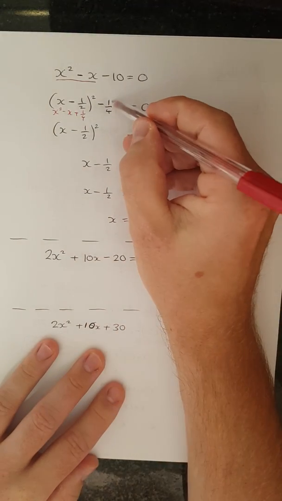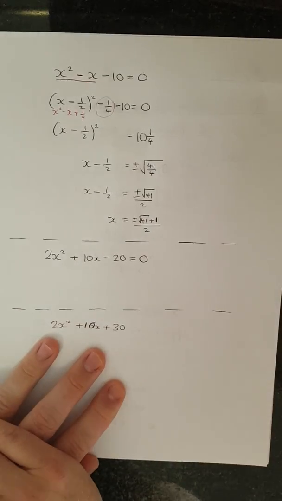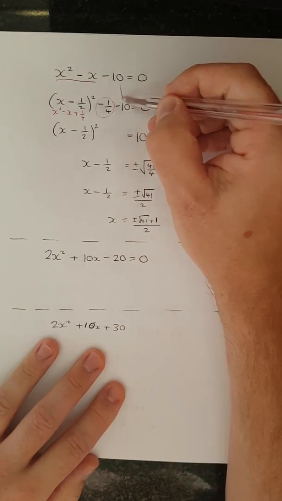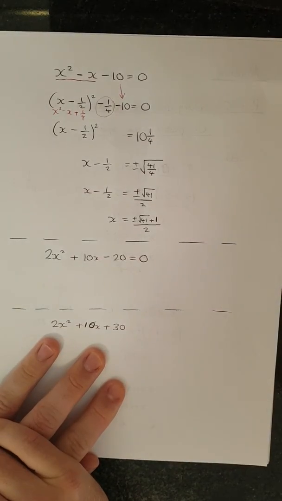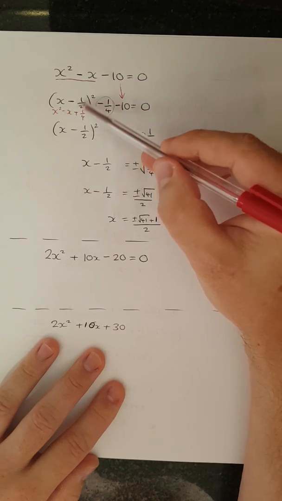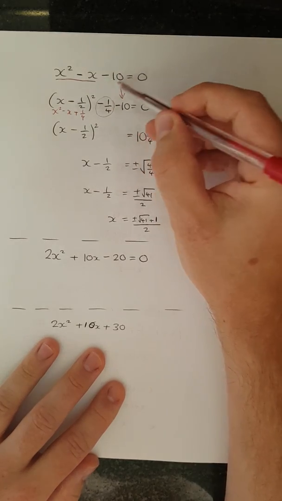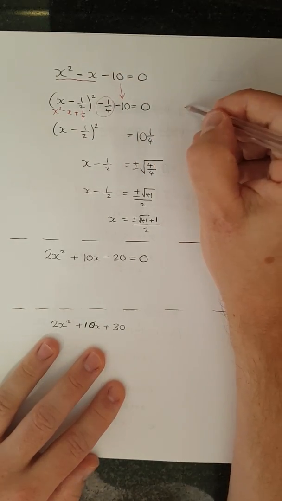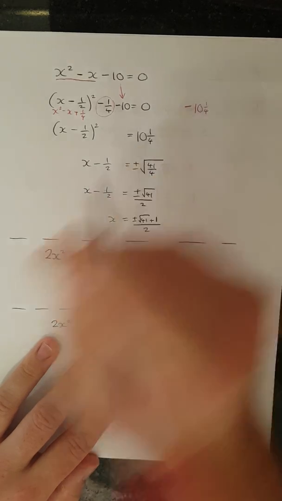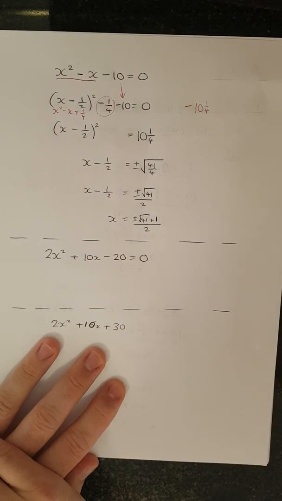So I did minus the quarter to cancel it out, and then I brought the minus 10 down. The alternative would have been to go, I'm on plus a quarter, I want to get to this, so I'd go straight to writing minus 10.25. It's up to you.